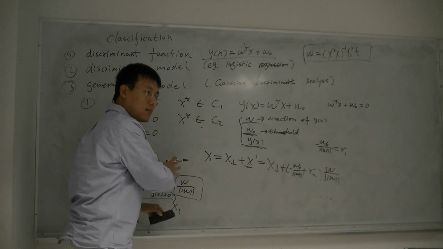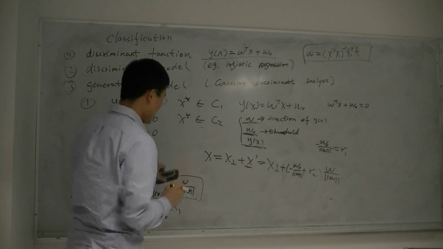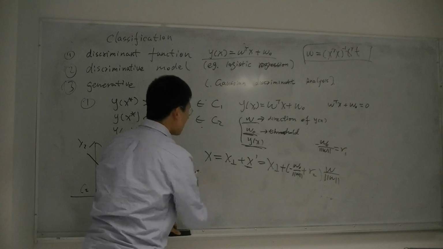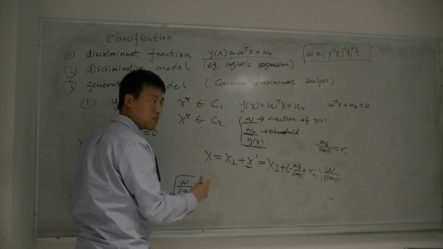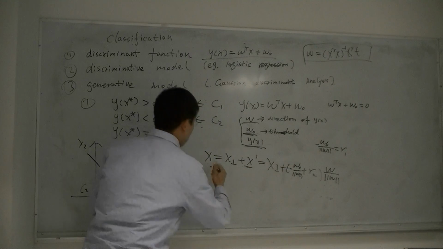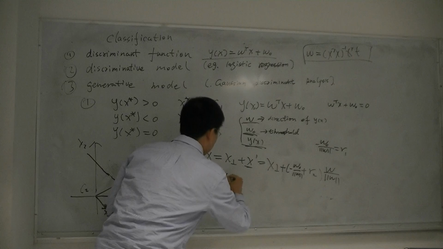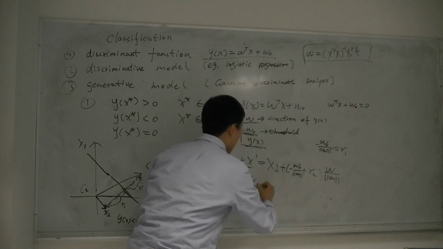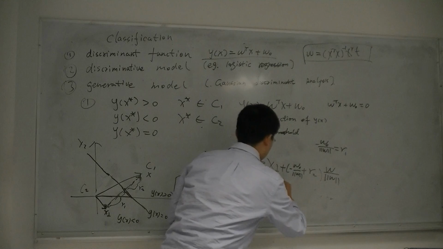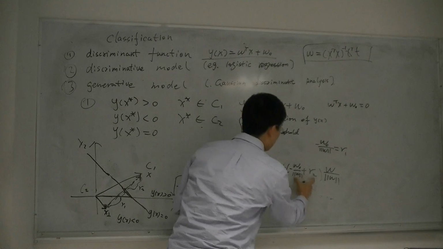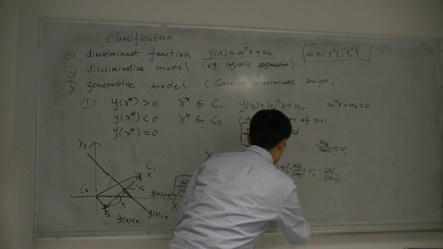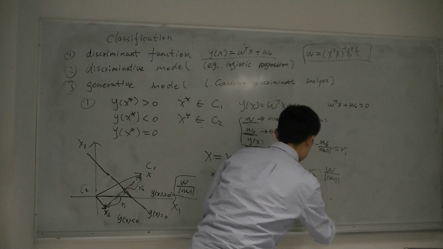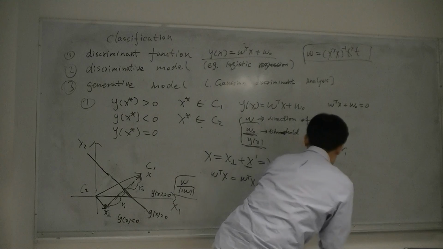So far so good, right? No more questions. If we multiply omega transpose on both sides, then we get omega transpose x equal to omega transpose x perpendicular plus omega transpose times the unit vector times R1 plus R2.